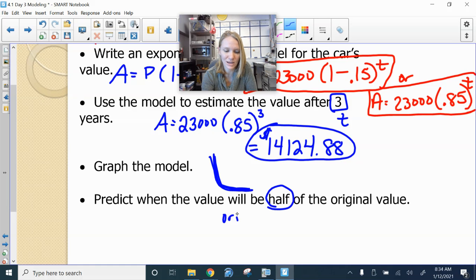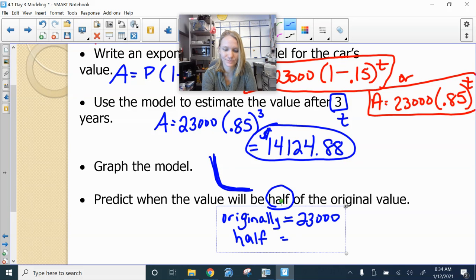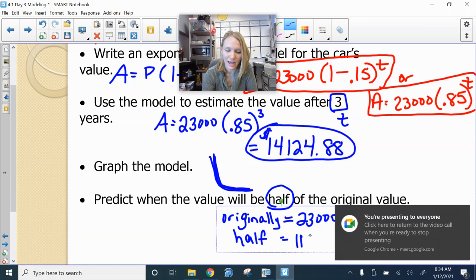If it was originally $23,000, half of that, we need to know what's half of 23,000. So 23 divided by 2. 11,500. Beautiful.